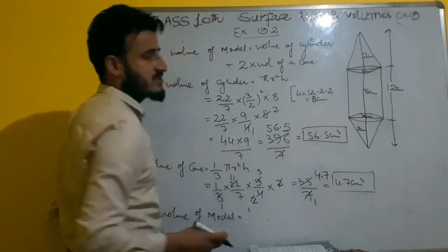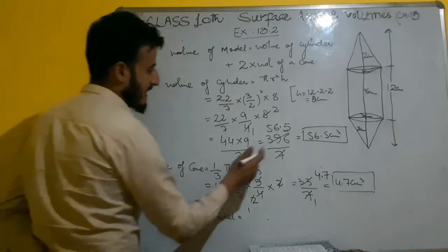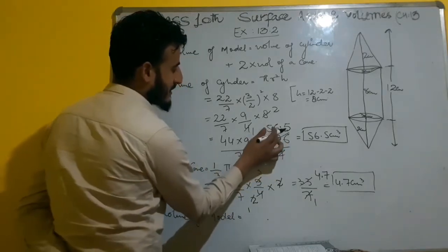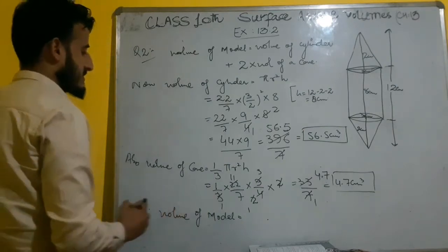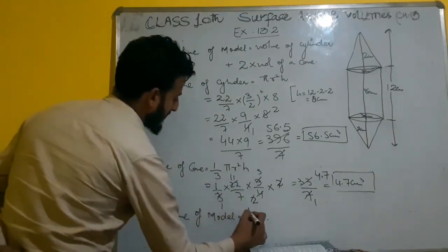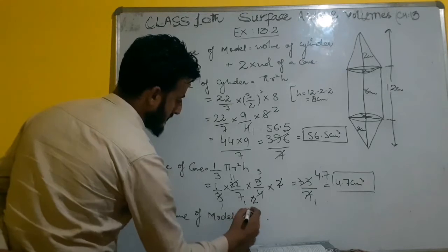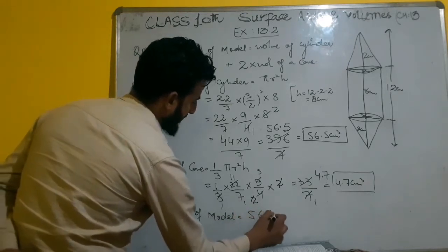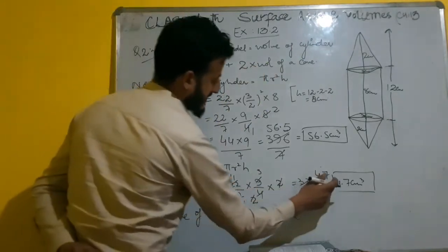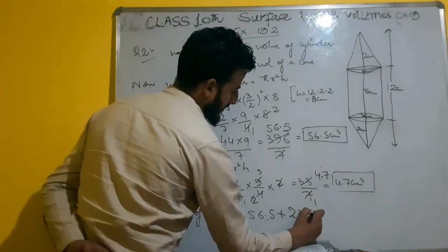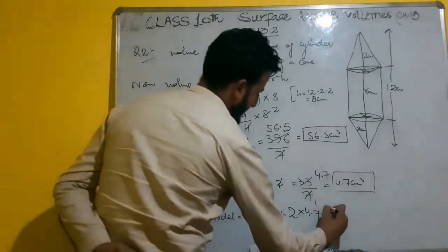Actually, this is 56.6 approximately, because when we calculate this, it becomes 56.55, that is equal to 56.6. So the volume of the model will become 56.5 plus twice volume of the cone is here, 4.7.